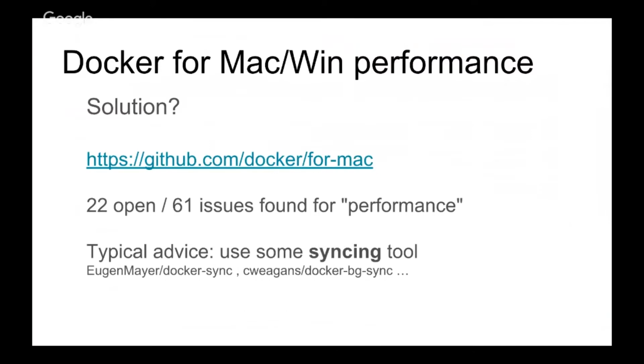I put there these benchmark results and things like that, but I had typical advice from the team of Docker for Mac. Everything is okay. We are working on improvements.